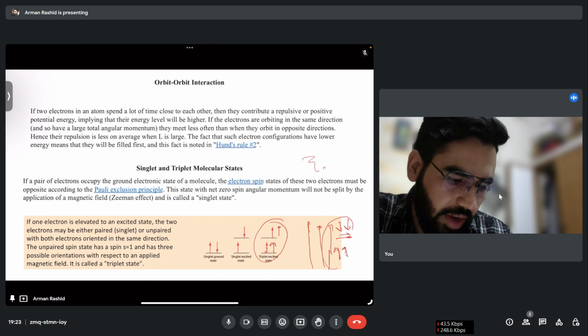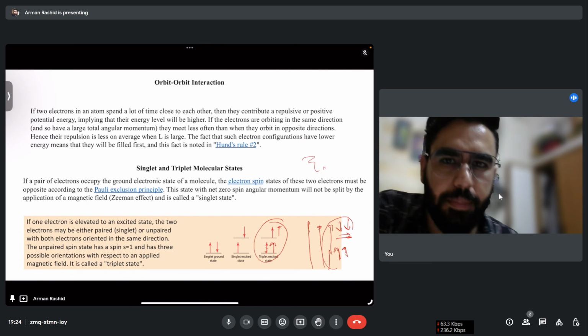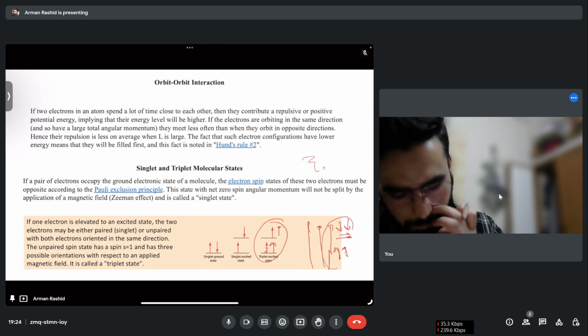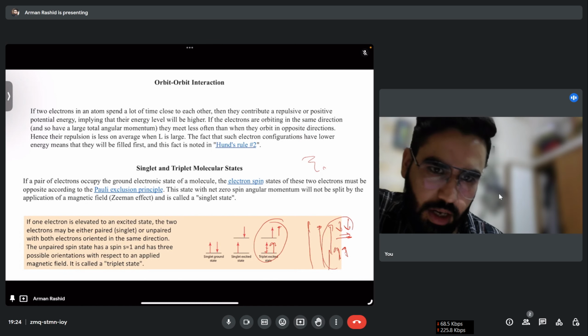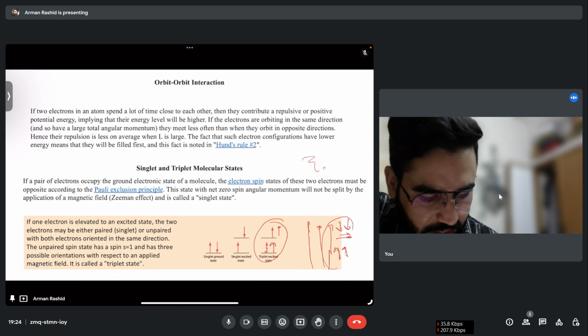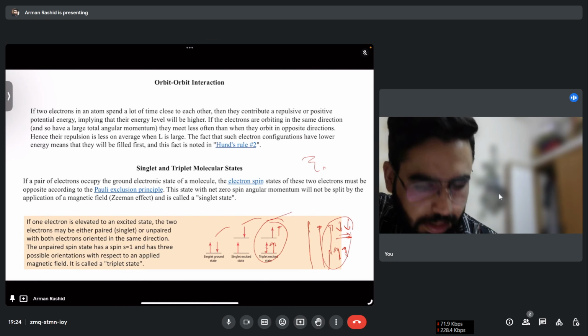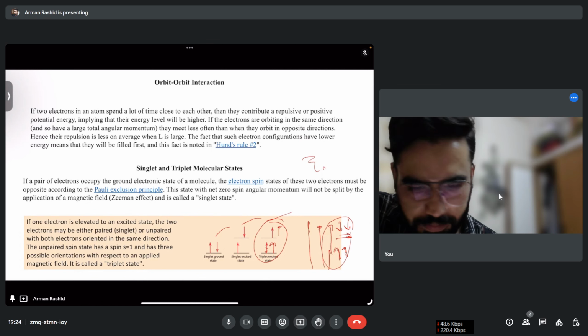So as a result we have three states. That's the reason it is called a triplet state. So in the Zeeman effect it will have three possible orientations. Triplet states are always more stable as compared to the singlet states.